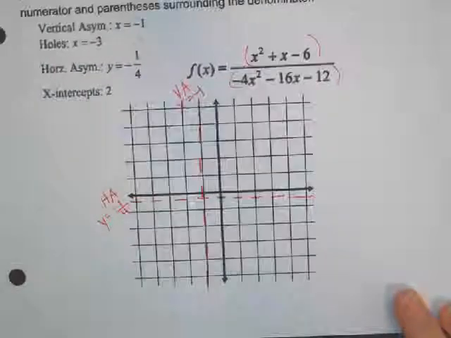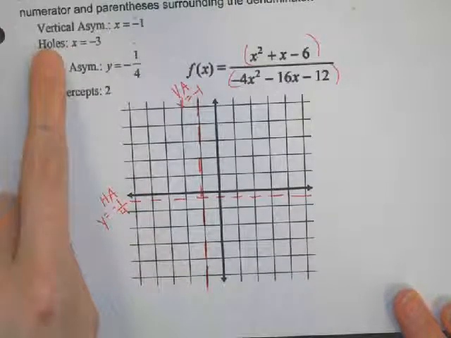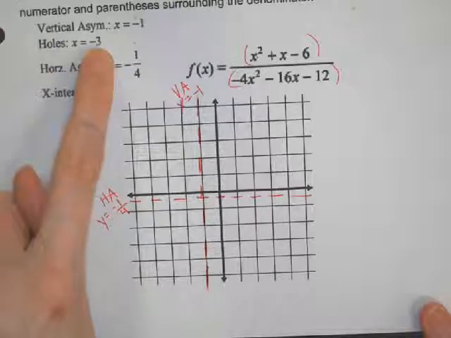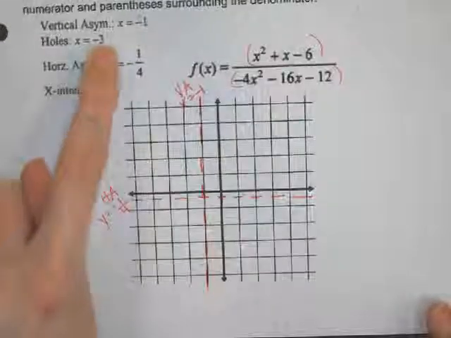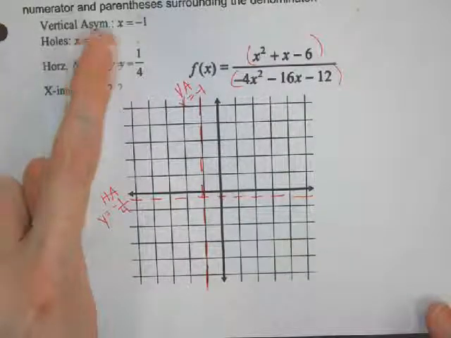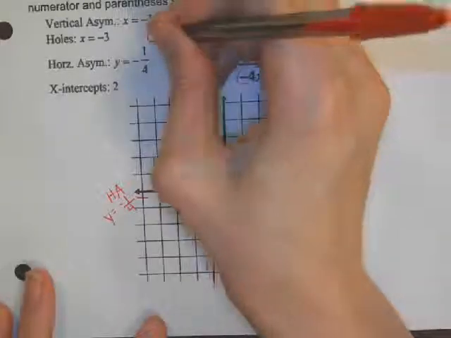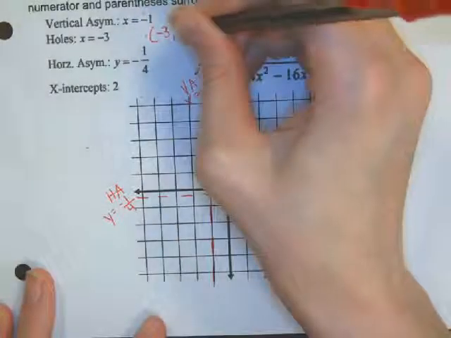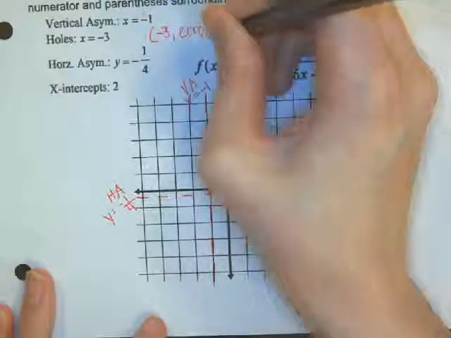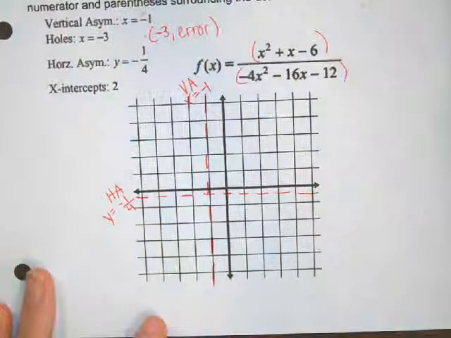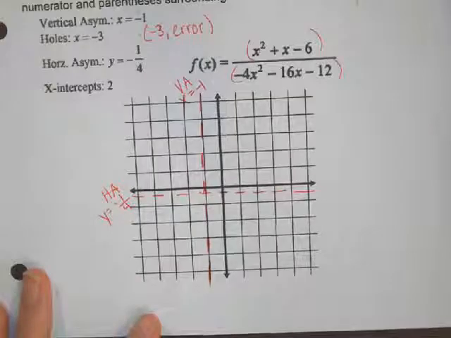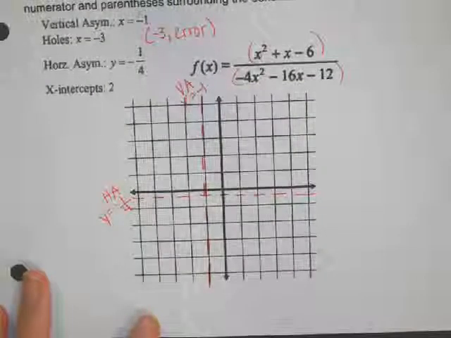Okay, they also provided us a hole. They said the hole will occur at x equals -3. But did they tell you the y value of that coordinate? So for the time being, we're just going to say that it's going to be -3, comma, error. Any idea why I'm going to put the word error? Because what's a hole?